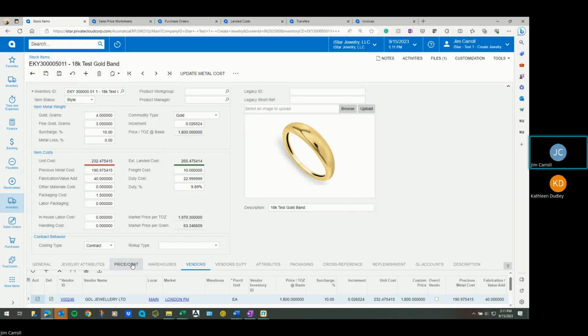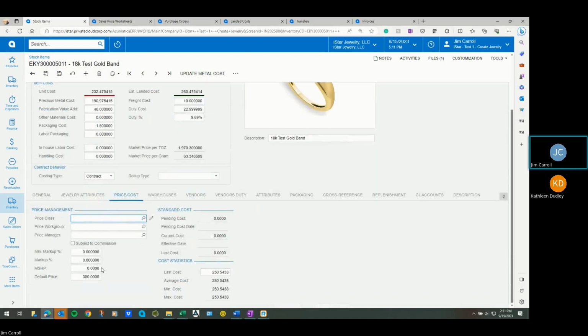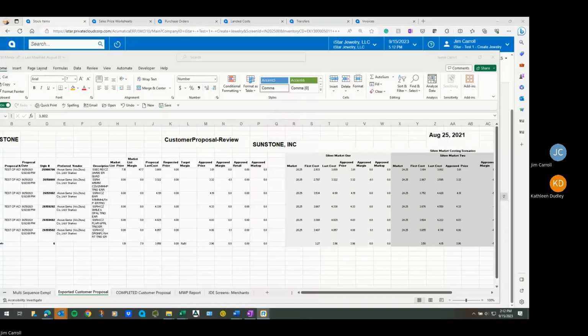Kathleen also brought out on the price cost tab, typically, excuse me just for a minute. So on the Silver side, on the customer proposal, you see the differences in the cost based upon anticipated market values. In this case, $20.25 versus $24.25.